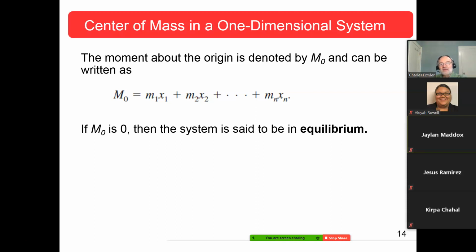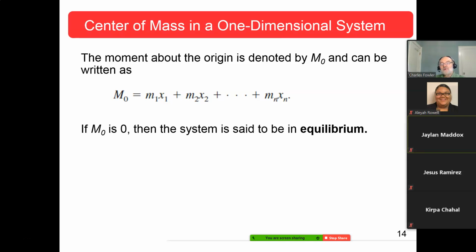Displacements, however, could be negative or positive. So this could be m1 times x1, where x1 could be positive or negative, plus m2 times x2, where x2 could be positive or negative. m2 is always positive. All the way up to m sub n times x sub n, where the mass is always positive, but the displacement could be positive or negative.